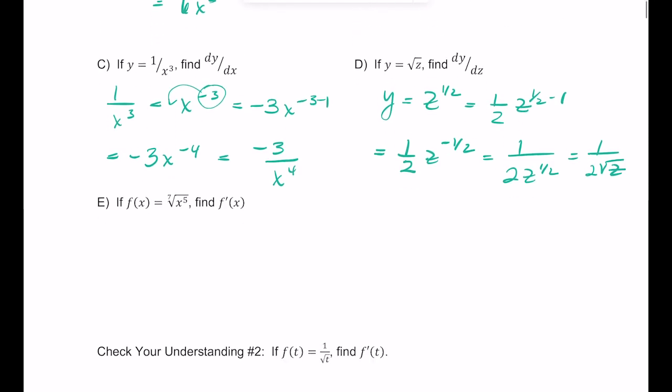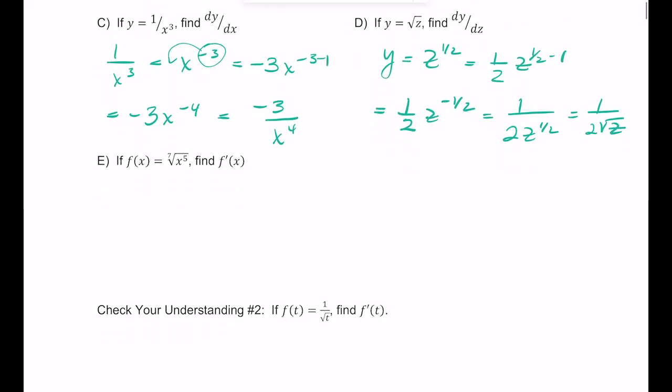For letter E, it says if f of x equals the 7th root of x to the 5th, find f prime of x. So I'm finding the derivative of y with respect to x. So another way to write the 7th root of x to the 5th is x to the 5/7 power. Now it's in the form of x to the n. So now I'm going to multiply 5/7 times 1.